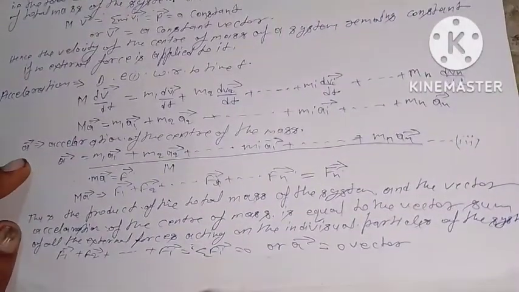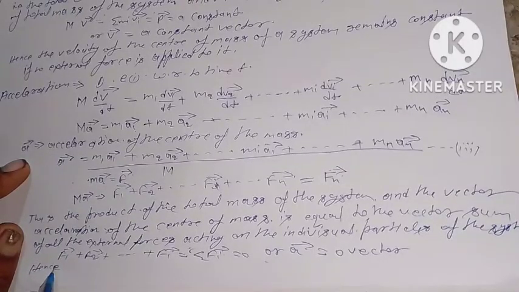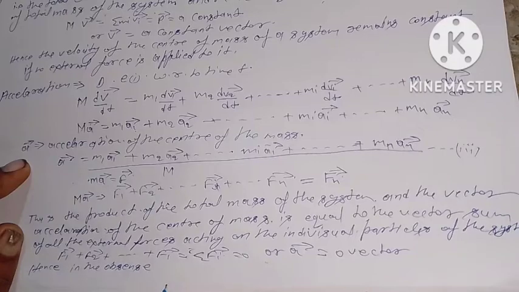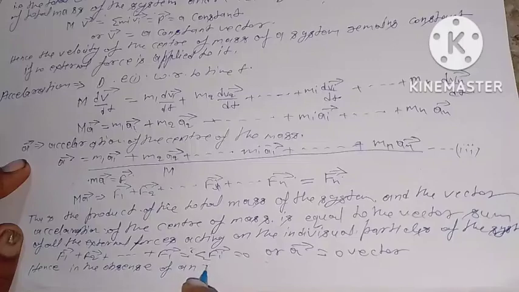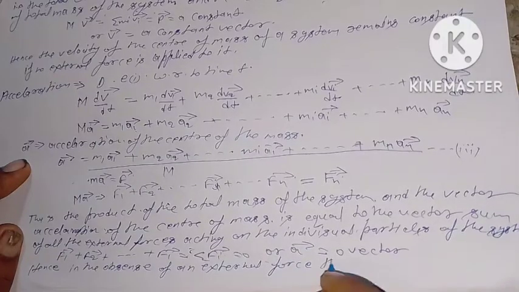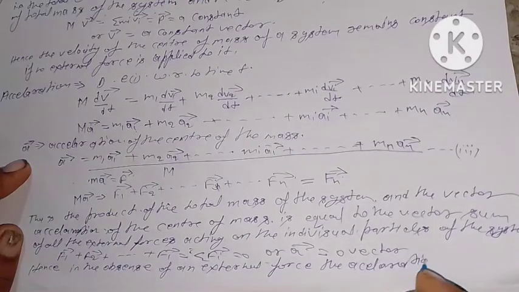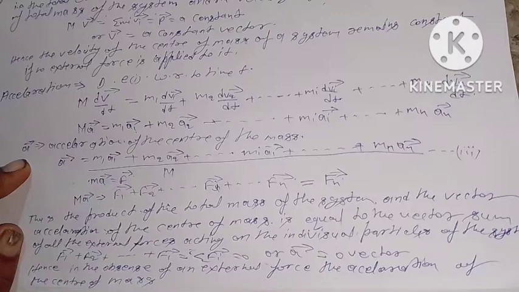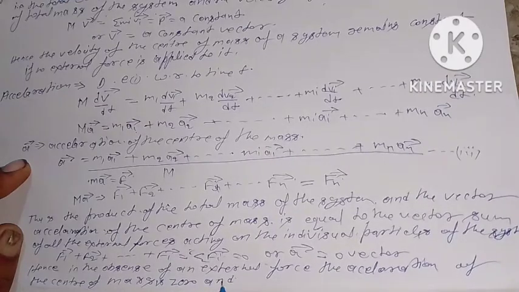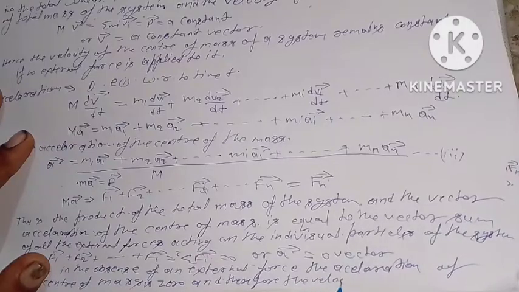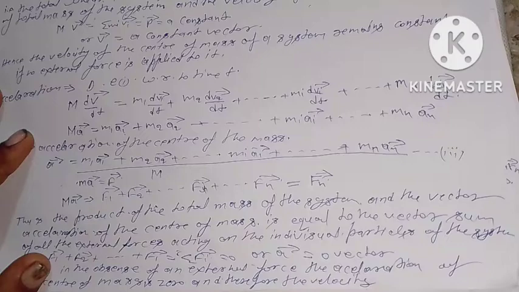Hence, in the absence of an external force, the acceleration of the center of mass is zero, and therefore the velocity is a constant vector.